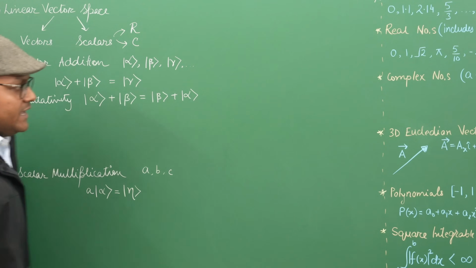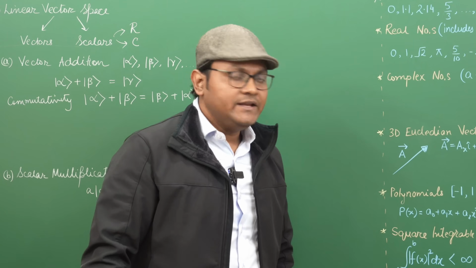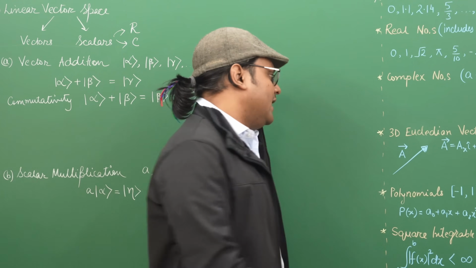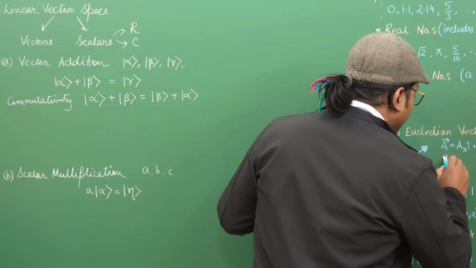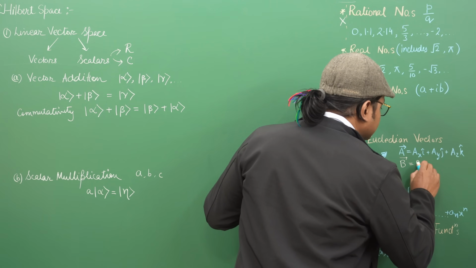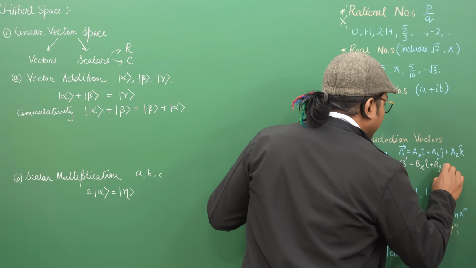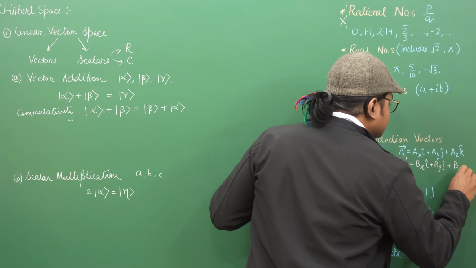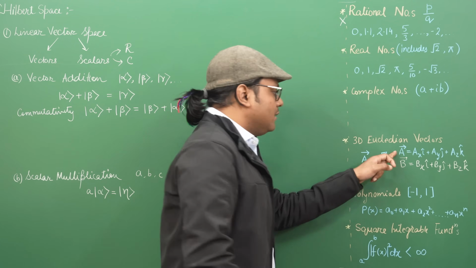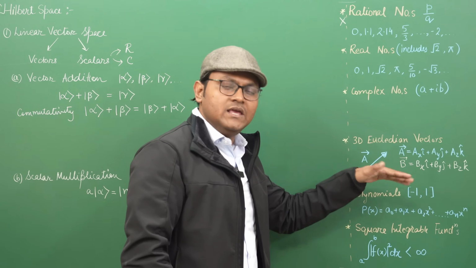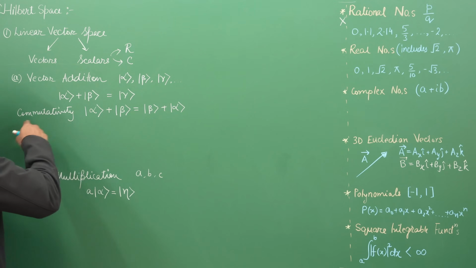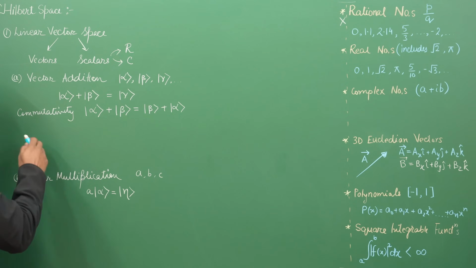So for example, if I look at 3D Euclidean vectors A and, let's suppose, another vector B, which is equal to bx i cap plus by j cap plus bz k cap, then A plus B is equal to B plus A. So it is commutative with respect to vector addition.